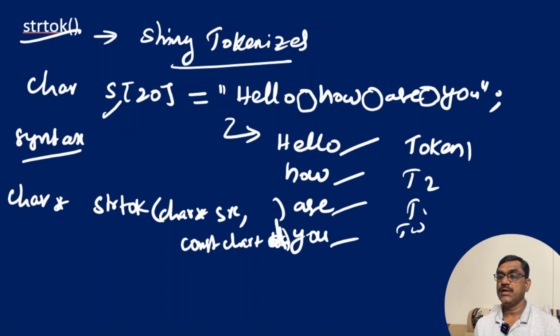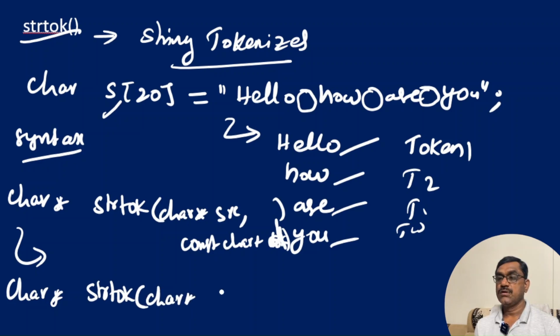So again I write the same thing: char star strtok, left parenthesis, char star str, comma, const char star d. I will explain what str is and what d is.